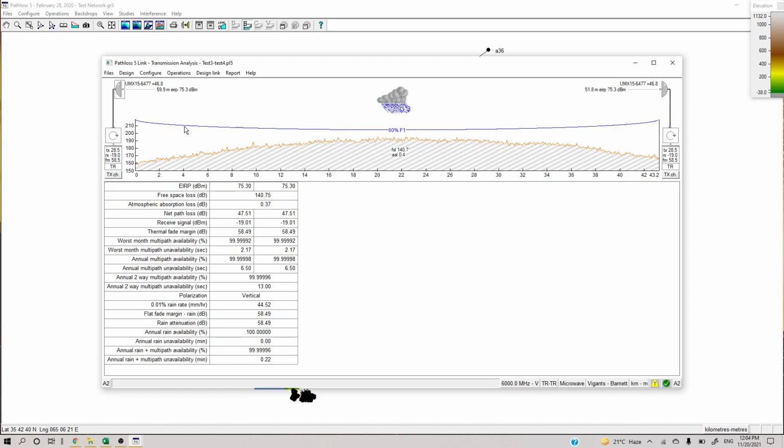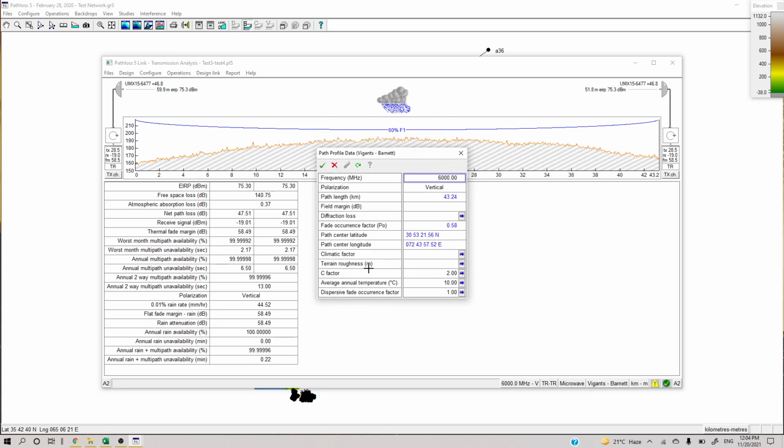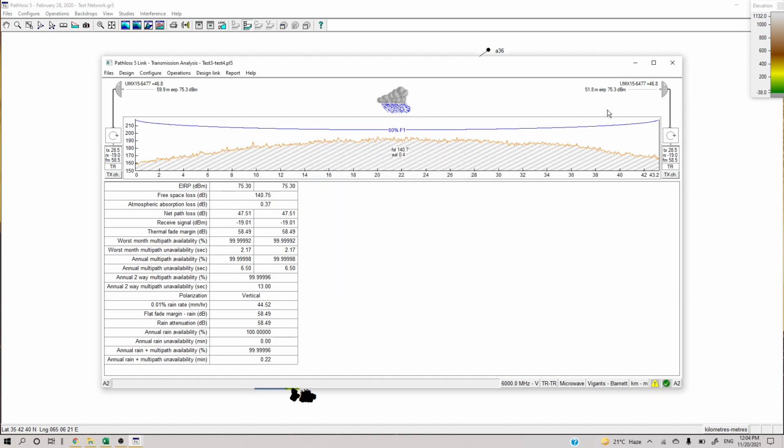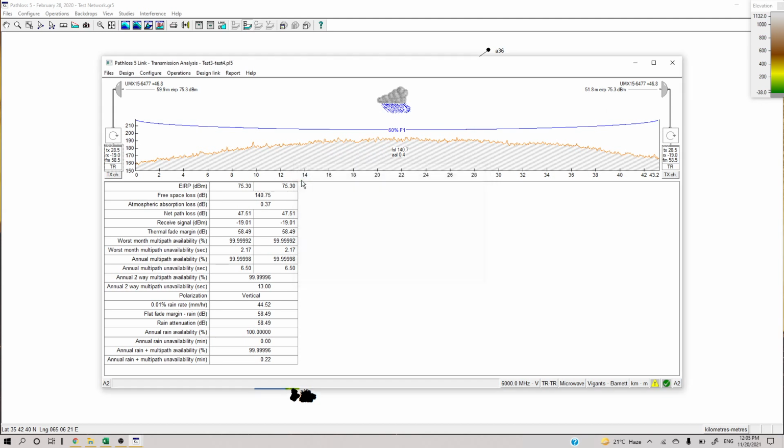Okay, so I have taken a bigger dish now, so it has 100% rain availability and it also has 6 nines. You see we have this typical rain P region. The C factor here is also 2 and it's the same radio, 8 E1s, 6 gigahertz.